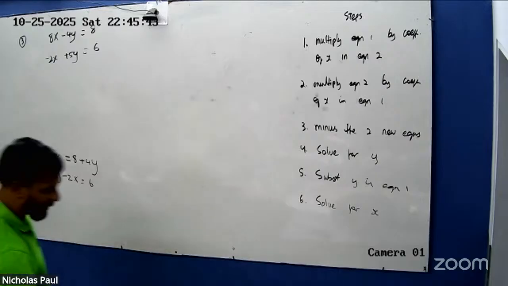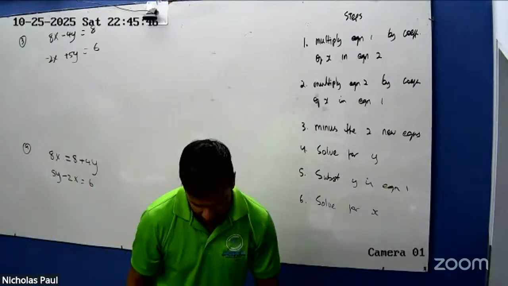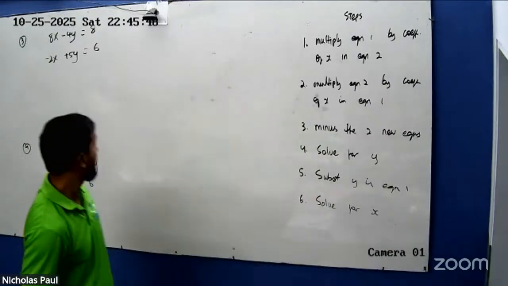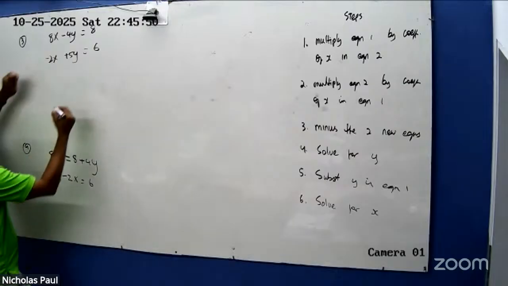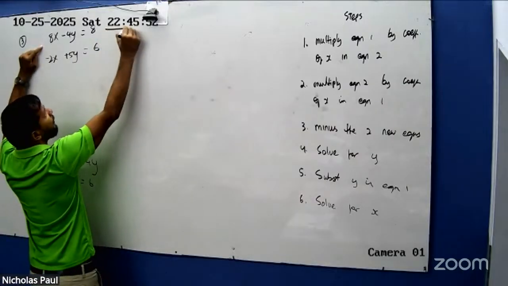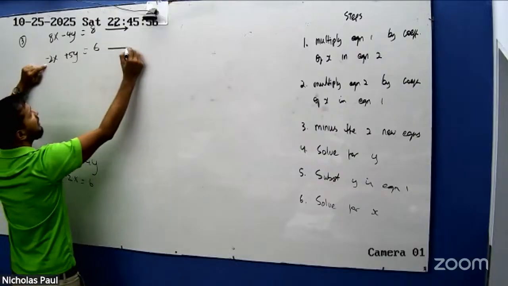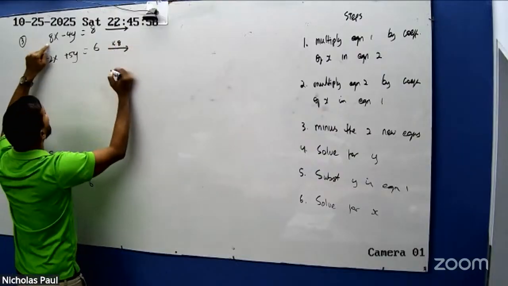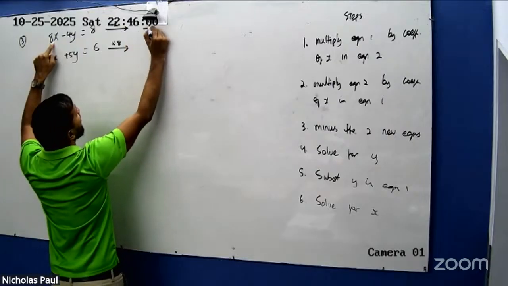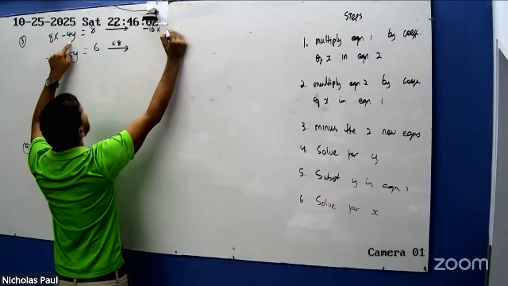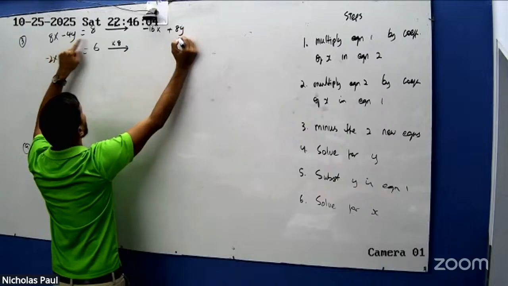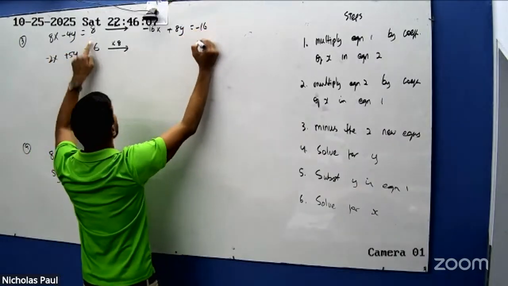Right, let's fix this one. So I'm multiplying this equation by -2 because I have to take the value and the sign, and this by 8. So I'll get minus 16x plus 8y is minus 16.